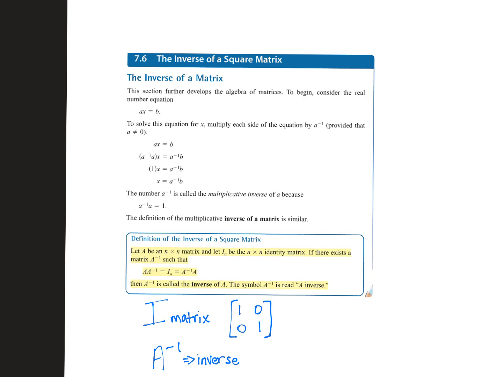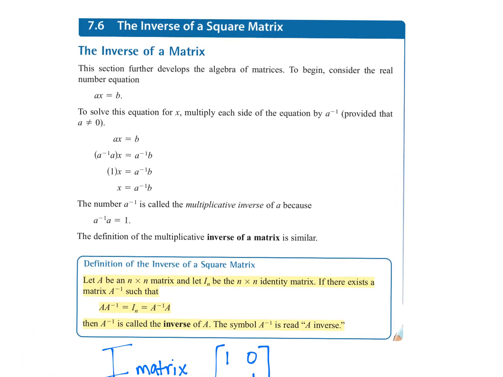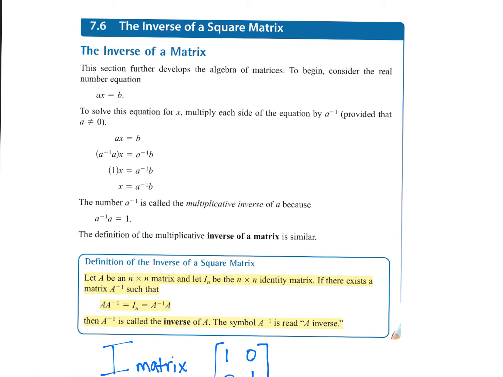But the biggest matrix that we're going to use for this subject for inverses is just a 2 by 2. You're familiar with inverse notation. Remember we found inverses when we were solving?